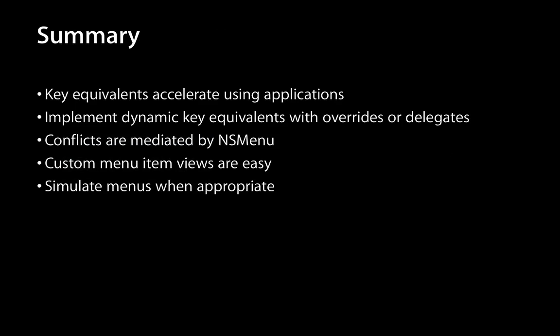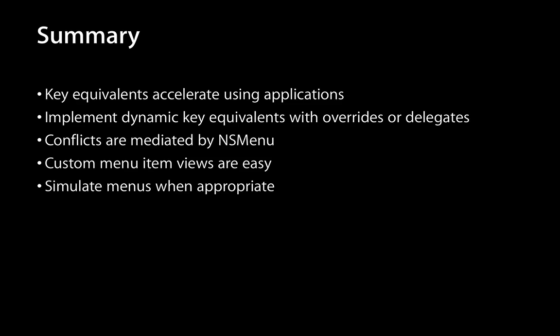So we've looked at how key equivalents allow the user to accelerate their use of your application. We've looked at how they flow through the system. We've looked at the appropriate places for you to implement overrides or implement delegate methods to dynamically modify your key equivalents.